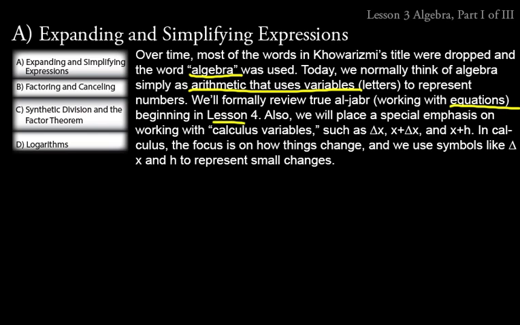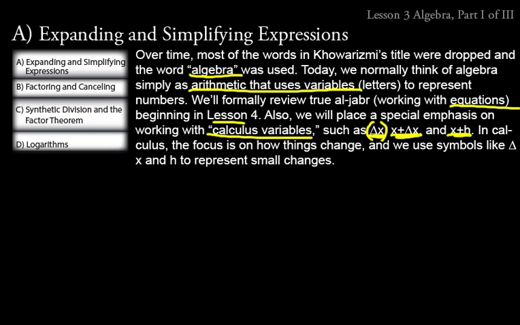And when we do our algebra review here, we're going to place a special emphasis on working with what I call calculus variables, things like delta x, where that's one symbol right there. It's not like delta is its own symbol and we're saying delta times x, so make sure you understand that if you haven't seen that before. That's one symbol. x plus delta x, x plus h.